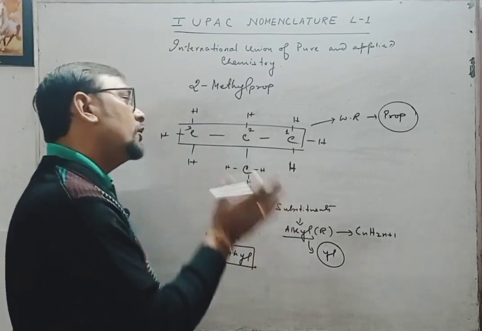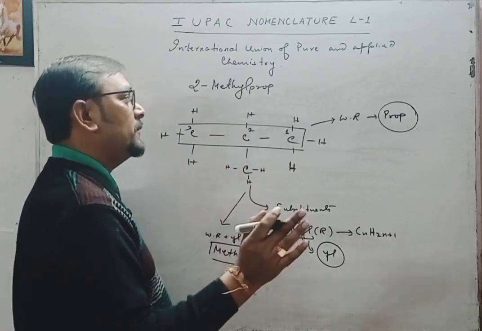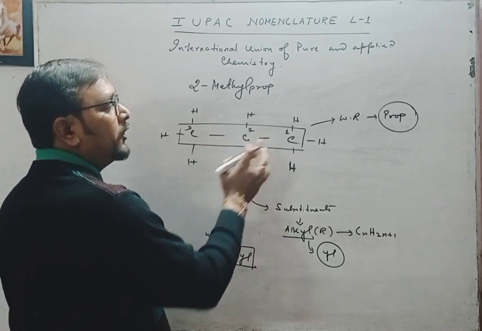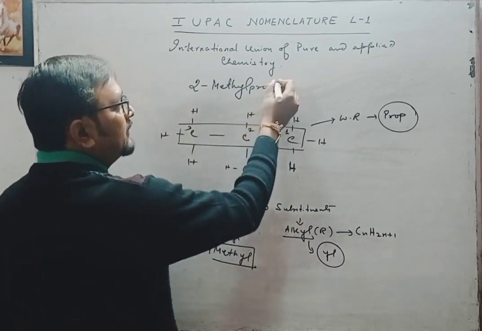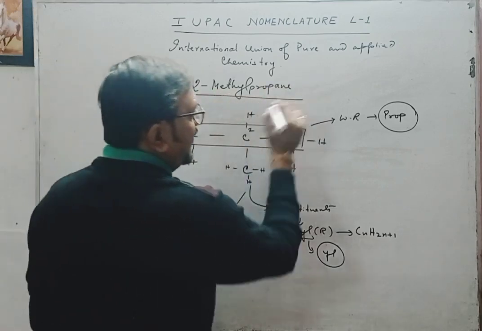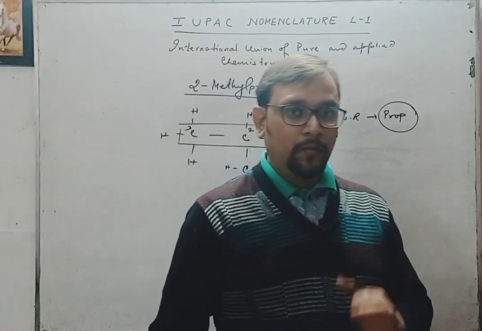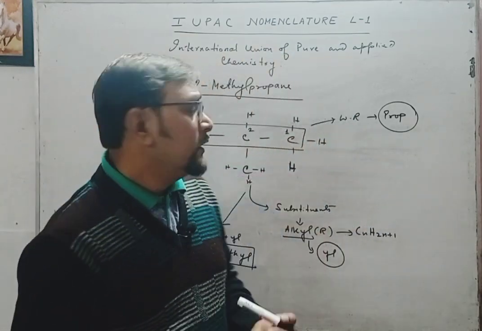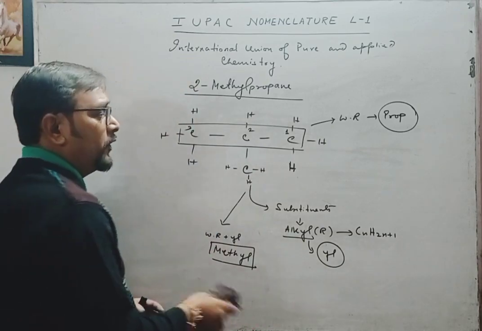So this is a simple alkane family, ANE family, because there is no double or triple bond between the carbons. So I will write ANE. Finally, the name is 2-methyl propane. I hope you understood. Like that we can move on.